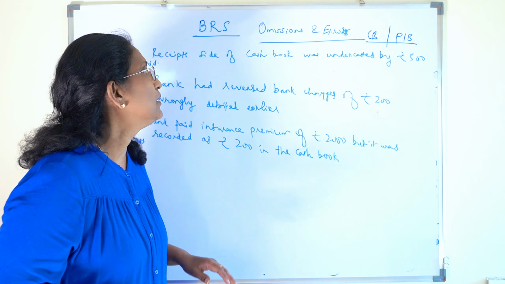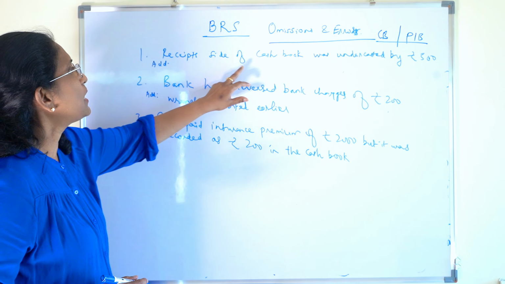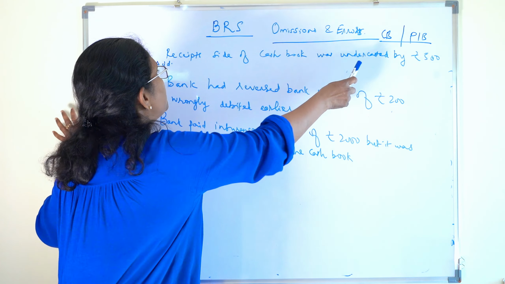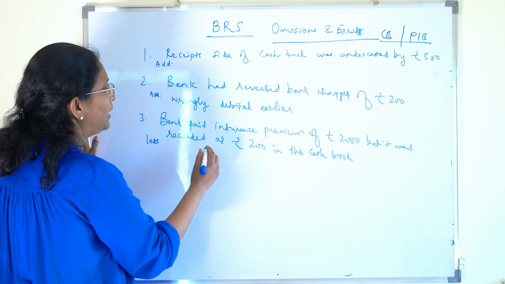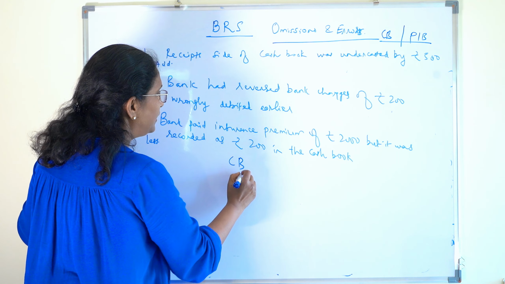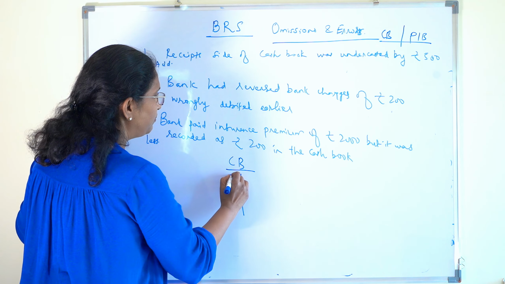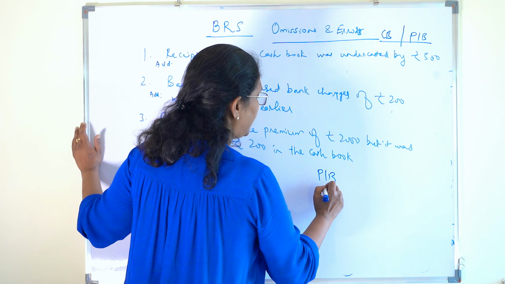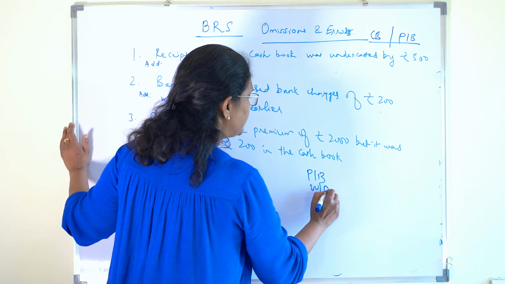If cash book is the starting point, whatever you are arriving at, those balances you will try to get. Now here, receipt side of cash book was undercasted by 500. If I am starting from cash book, as I told you, always remember receipt and payment. Keep it as an understanding of how you can start.